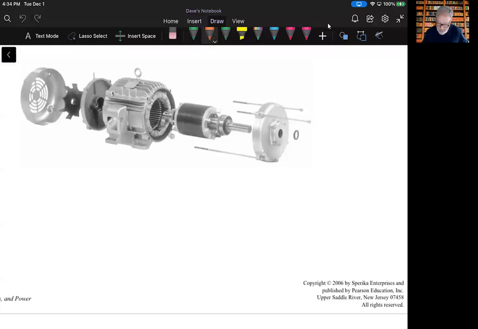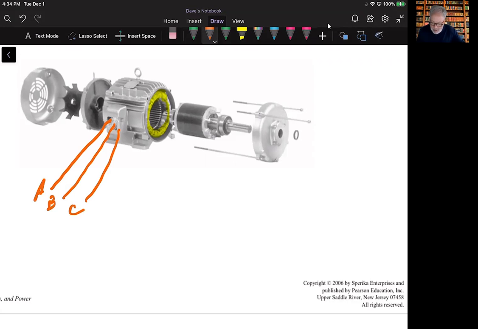So I decided to go back to figure 13.2 to make this point about slip and slip speed. What we're talking about is internal here in the stator of the motor. We bring in 3 phases of electricity into the junction box, phase A, B, and C. We looked at how the interior of the stator is constructed, with phase groups and so forth.